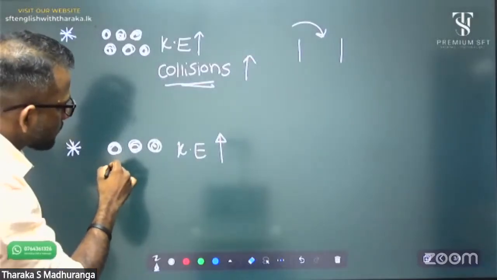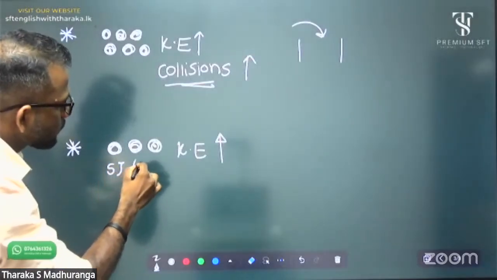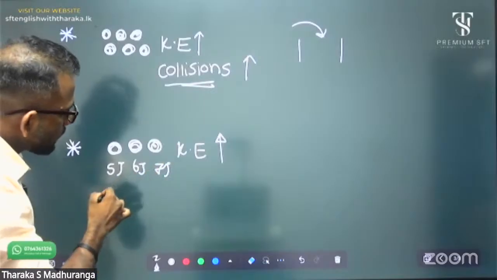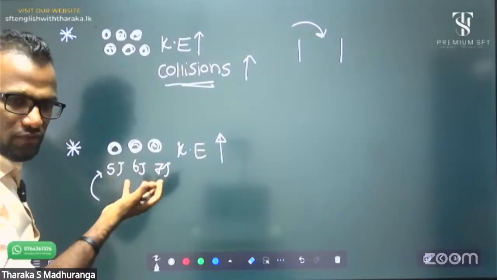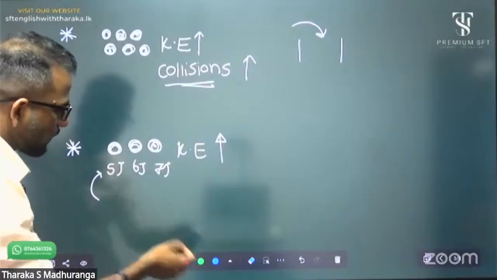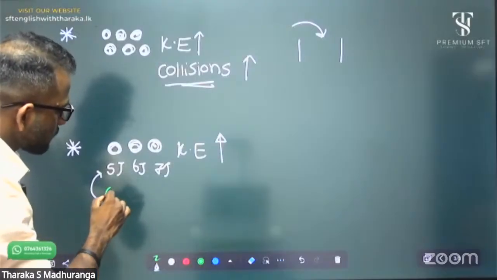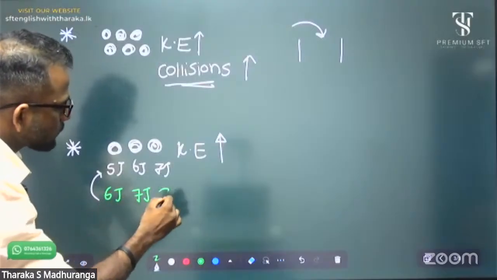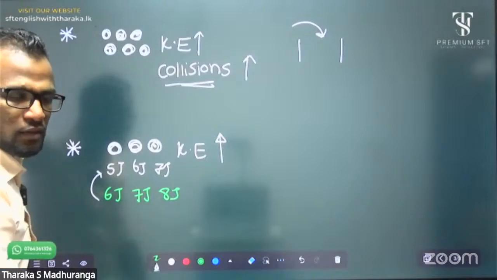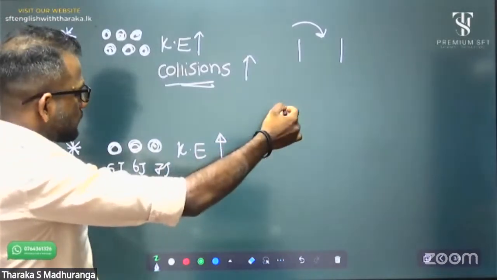As an example, think initially 5 joules, 6 joules, 7 joules. It's increasing by a certain value. We can't say what the exact value is. Example, let's say 6 joule, 7 joule, 8 joule. Think the activation energy is 6 joule.